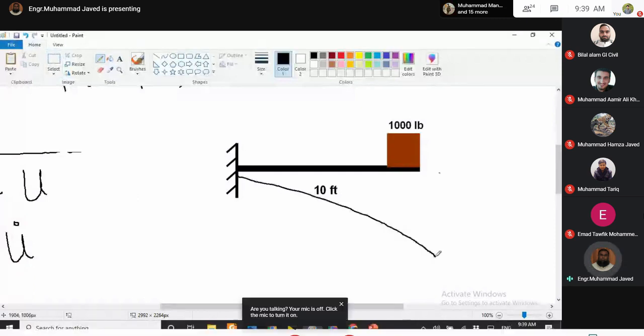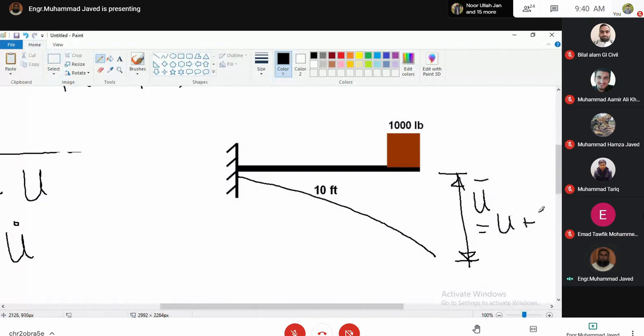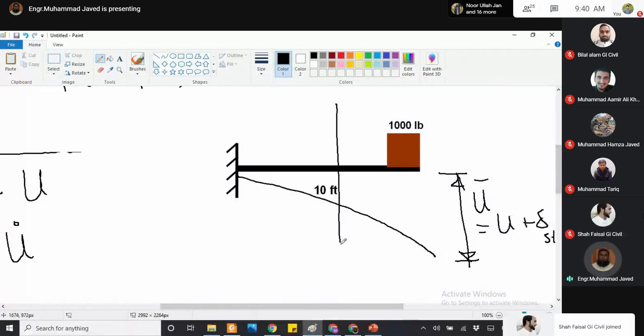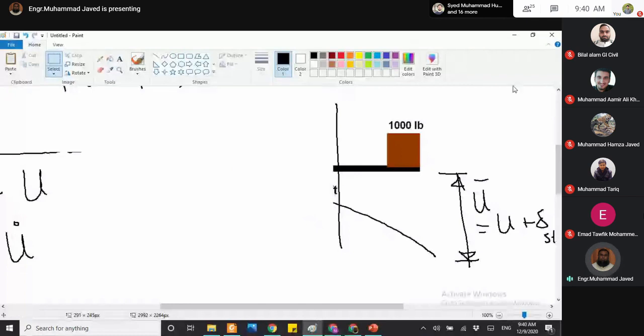The total deflection, which is U bar, is equal to U plus delta ST. If I draw a free body diagram over here, since there is no damping, the damping force is 0.